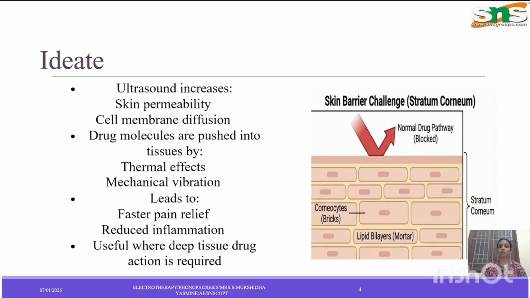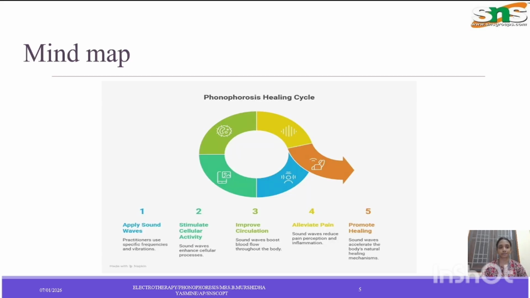The drug molecules are pushed into the tissues by the thermal effects and mechanical vibration of therapeutic ultrasound. Thereby it leads to faster pain relief and reduced inflammation, and it is useful where deep tissue drug action is required. So phonophoresis is a good choice in treating localized conditions.